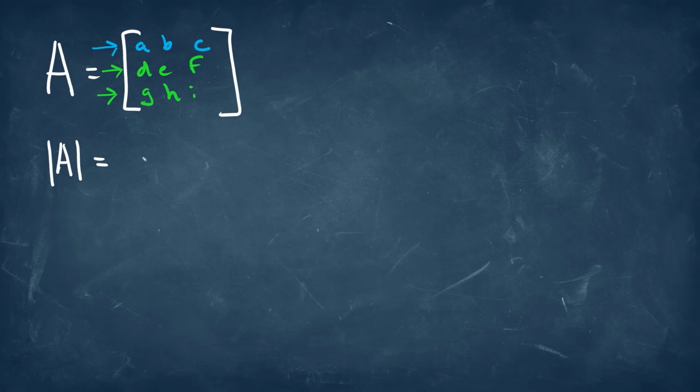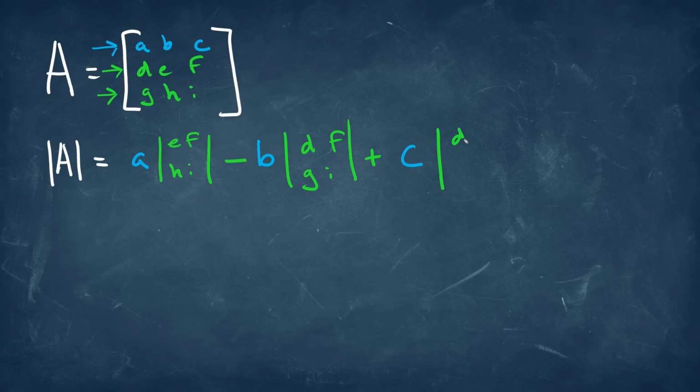So the determinant will be A multiplied by the determinant of E, F, H, and I, minus B times the determinant of D, F, G, and I, plus C times the determinant of D, E, G, and H.